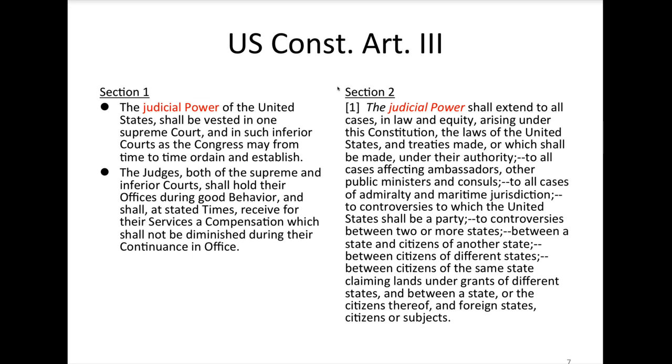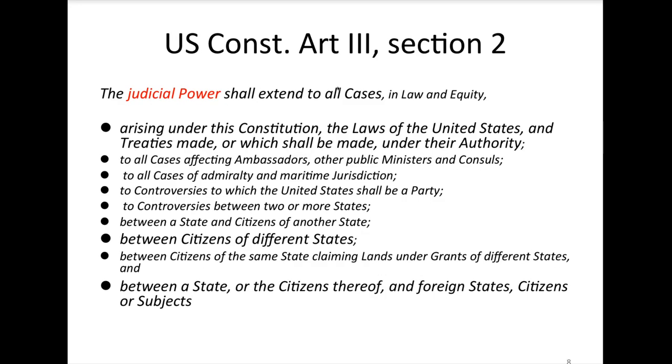Now, one last thing about Article 3, Section 2, based on a question I had, which is, how do you get 9 categories? Well, you get 9 categories, not 10, because the 9 categories are the things with the bullets. The thing at the top, judicial power, is the overall category that all of the other ones fall under.